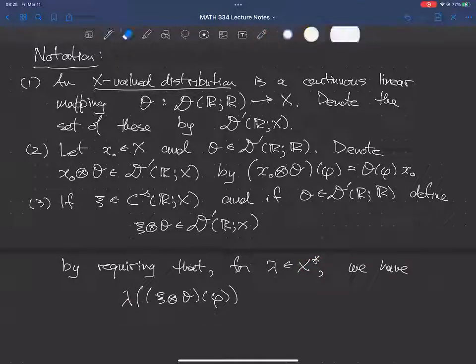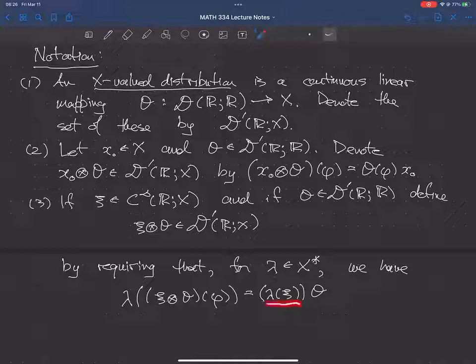And this is equal to lambda of C tensor, sorry, let me just do this, times theta. Let me see if we can understand what this means.